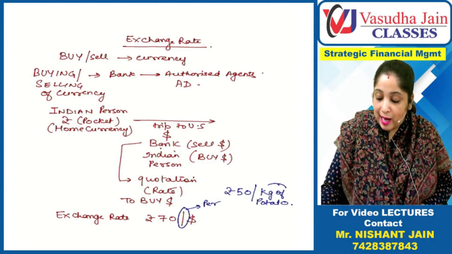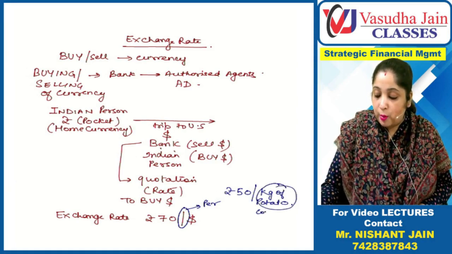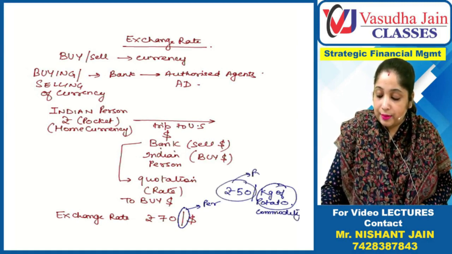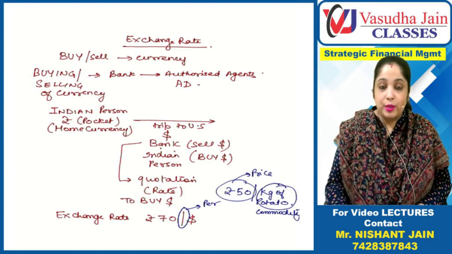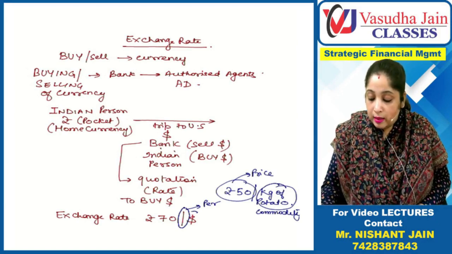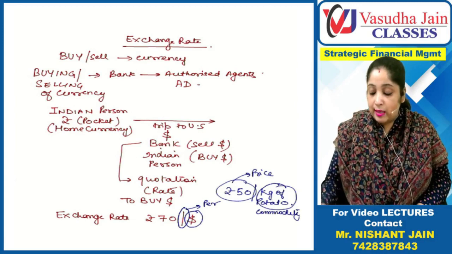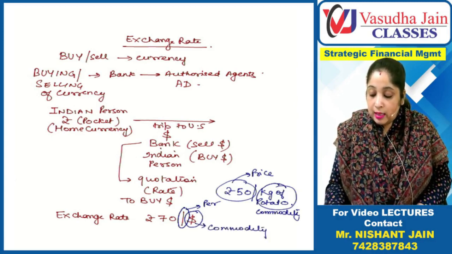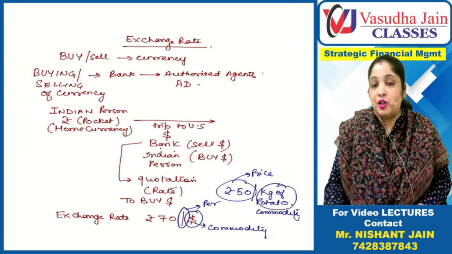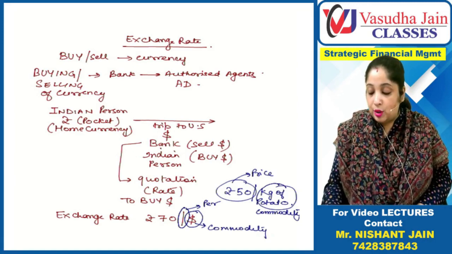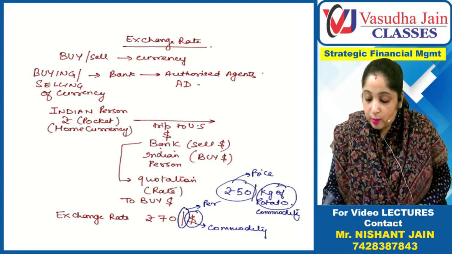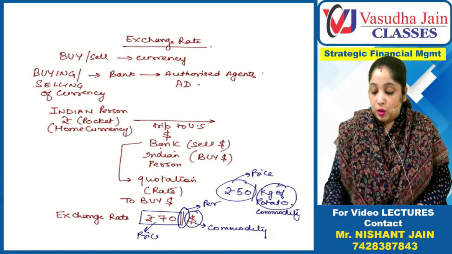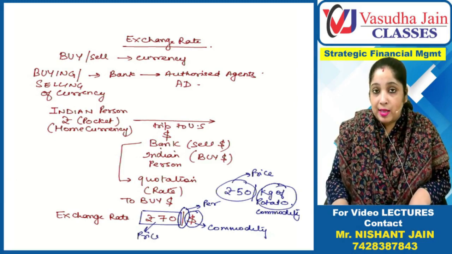Now, after the slash sign, whatever is mentioned is your commodity, and before the slash sign is the price. Similarly, in this quotation, the currency which appears after the slash sign is the commodity currency, and for this commodity this is the price. Can you see the interesting part?